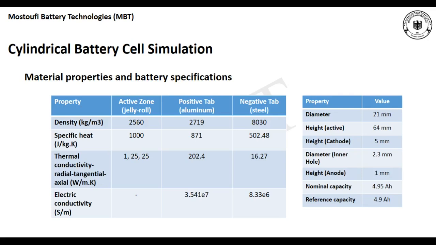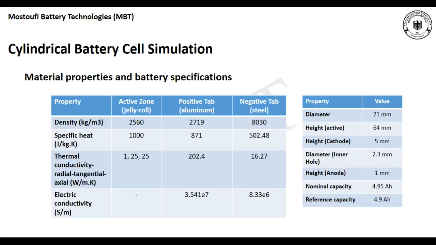On the right side, you can see the geometric properties of the battery cell. The diameter is 21. The height of the active component is 64 millimeters. The height of the cathode is 5. The diameter of the inner hole which the jelly roll is formed around is 2.3 millimeters. The height of the anode is 1 millimeter.